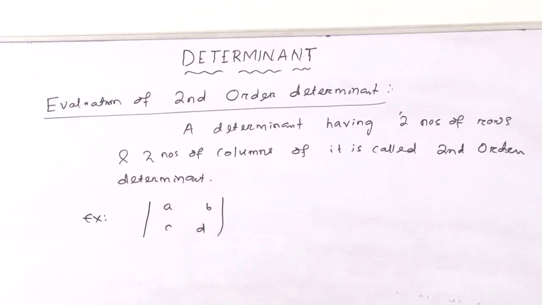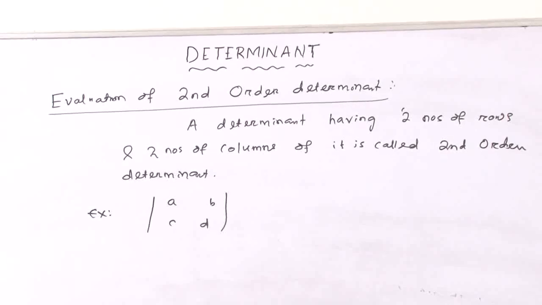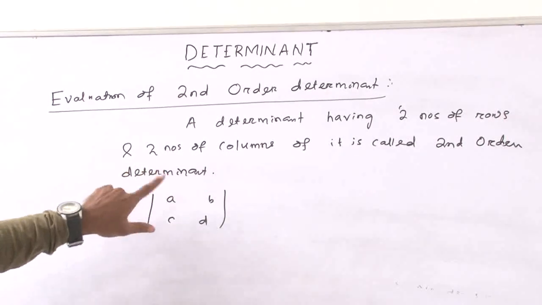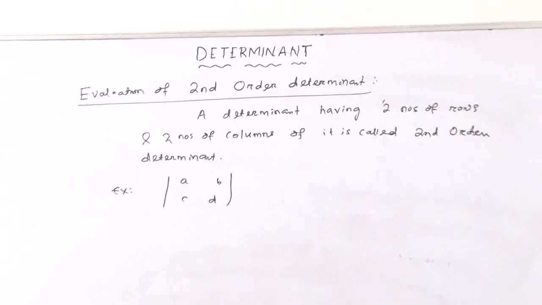It is a second order determinant because it contains 2 rows and 2 columns.